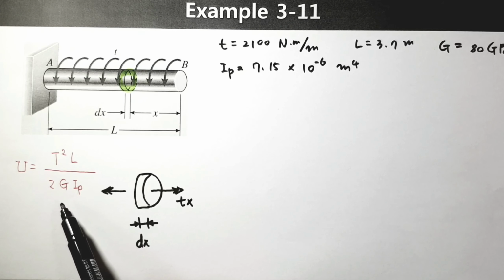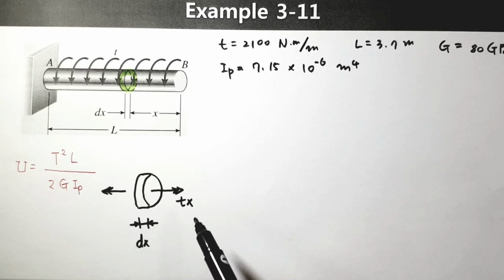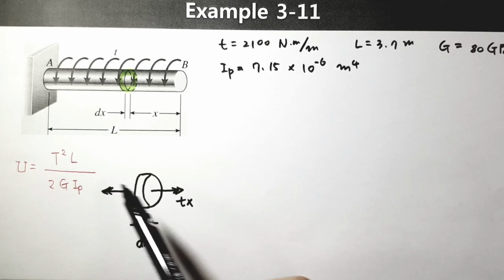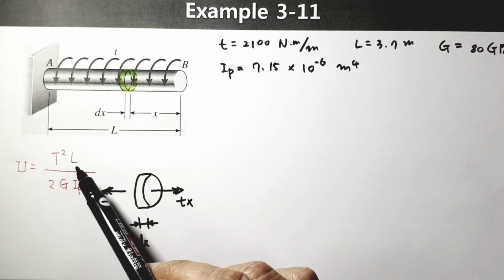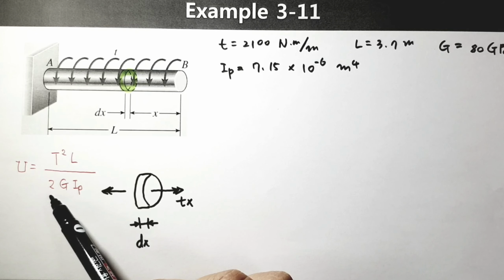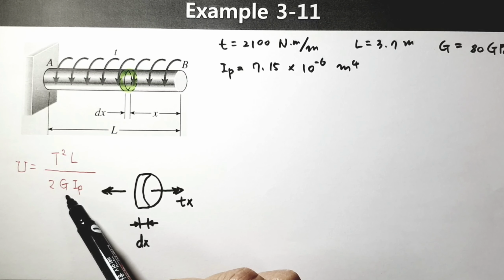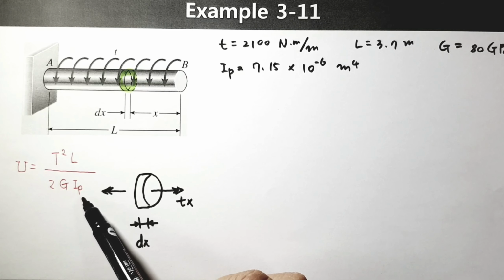We can substitute its values. For example, Tx is acting instead of the large T, and the length is dx, and 2G with the shear modulus of elasticity is given like that, and IP the polar moment of inertia.